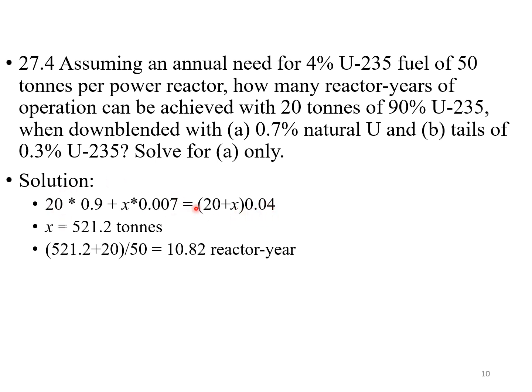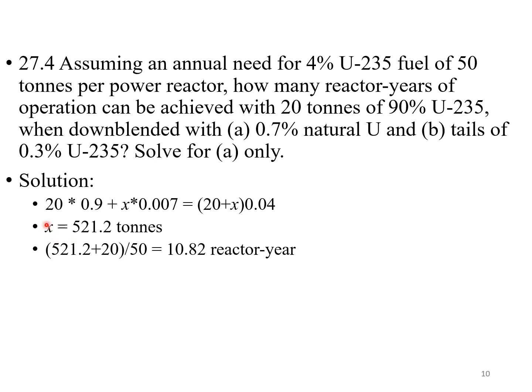So the total uranium-235 from these two streams is equal to the total uranium-235 in the product. Then we solve for x, that is this value, 521 tons.